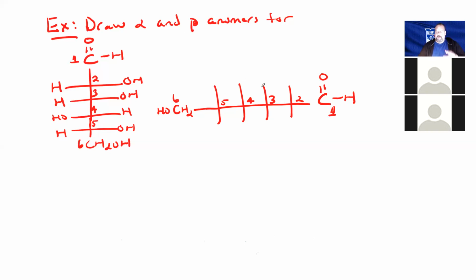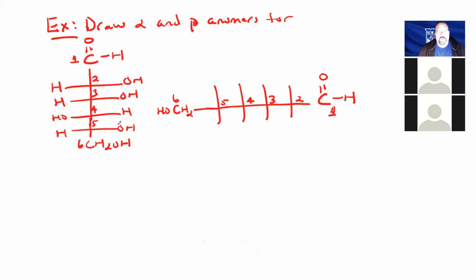Now, as we'll talk about, there's one exception to this, and that's going to be with the OH group on the last chiral carbon. So if we turn 90 degrees clockwise, if you're on the left, 9 o'clock, you end up at 12 o'clock on the top. If you're to the right, 3 o'clock, and we go 90 degrees clockwise, you end up on the bottom, 6 o'clock.